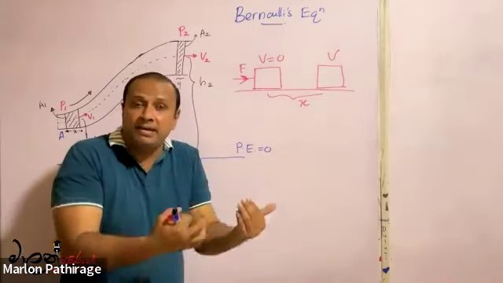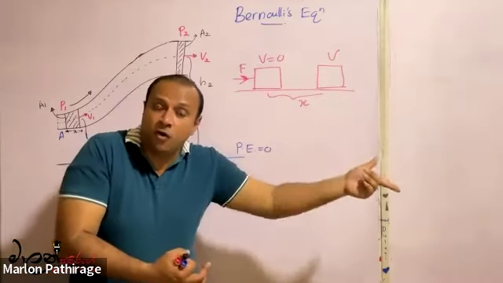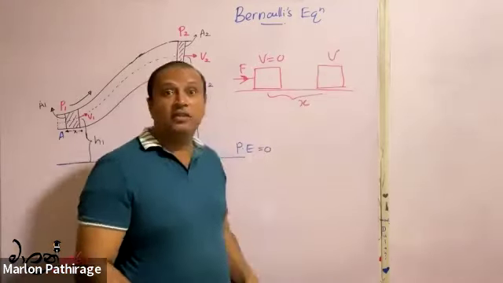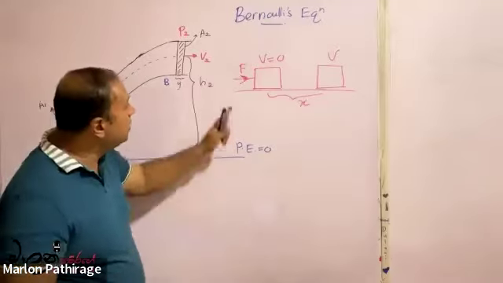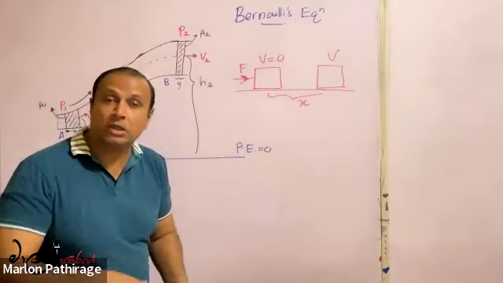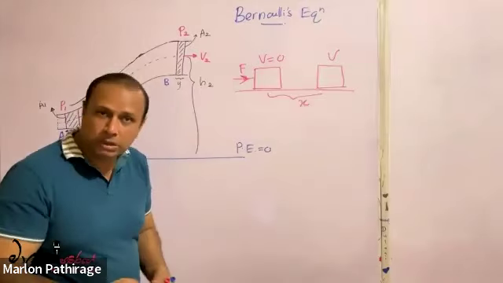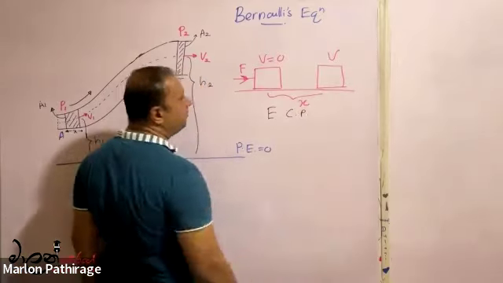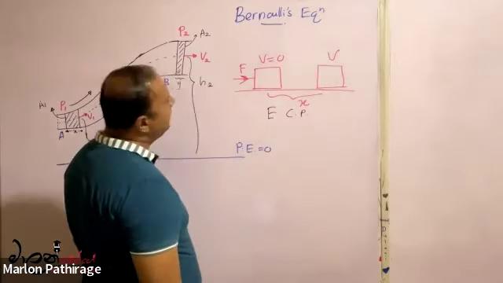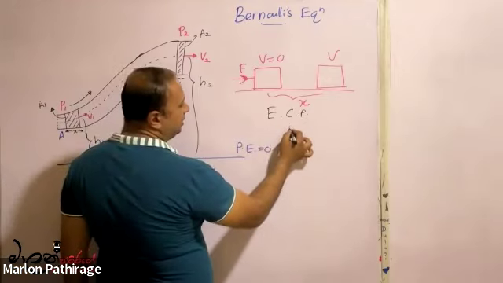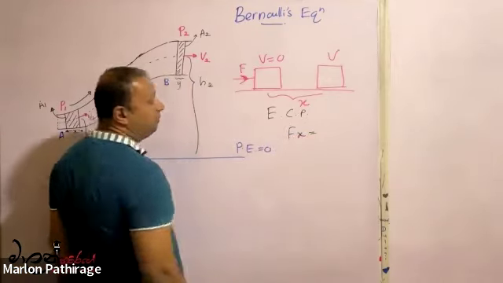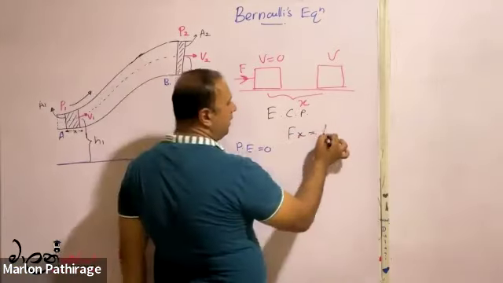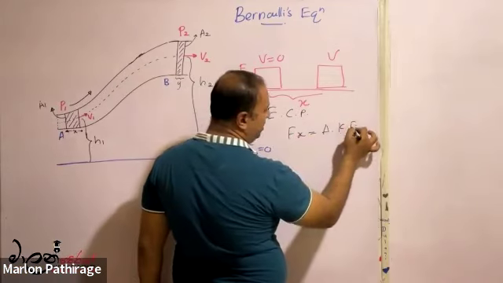Now that energy is in the form of kinetic energy. Therefore, the kinetic energy of this particle should be equal to the work done by this force according to the principle of energy conservation. Work done by this force should be equal to the change in kinetic energy.